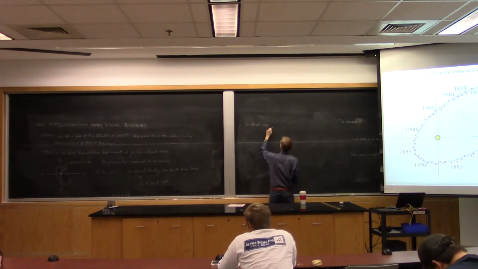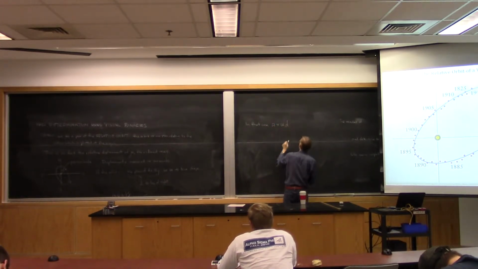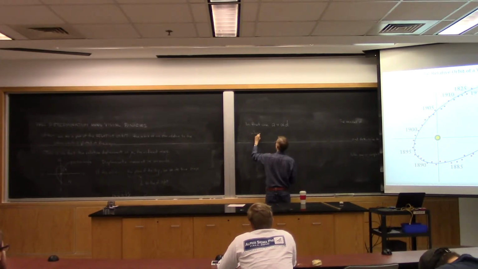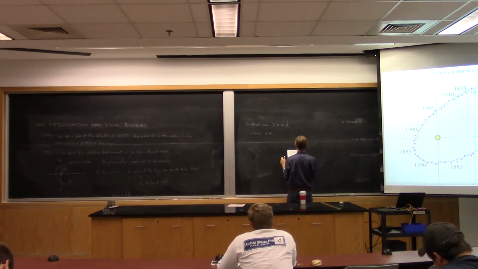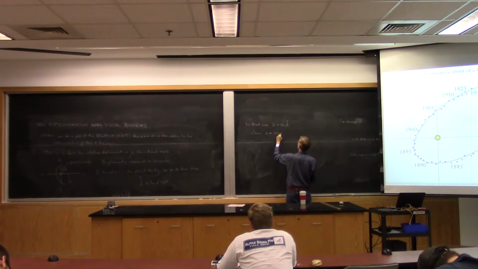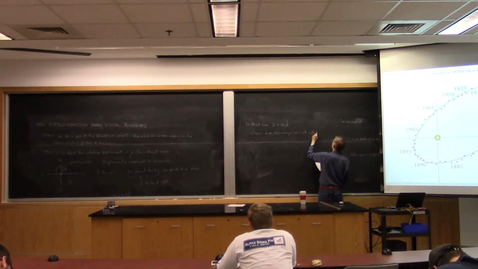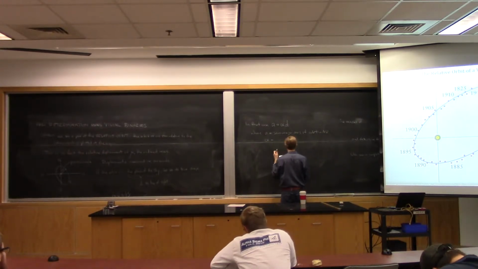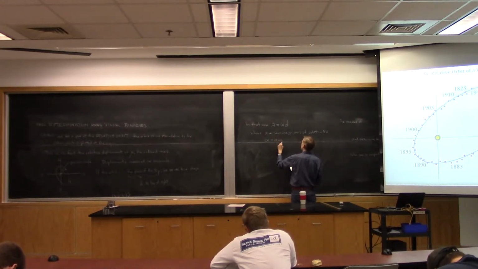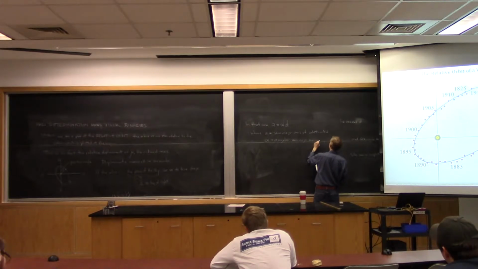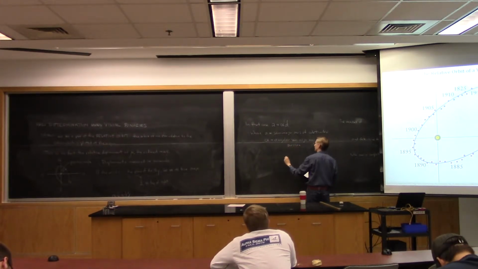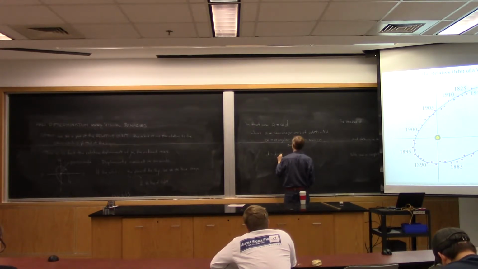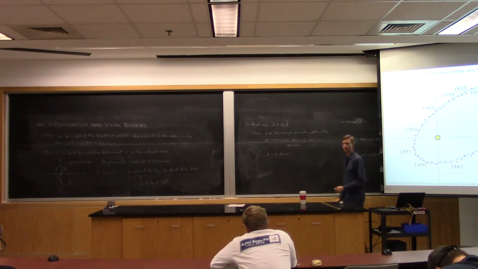In that case, A is alpha times D, where A is the semi-major axis of the orbit in AU, alpha is the angular semi-major axis in arc seconds, and D is the distance in what unit, would you think?